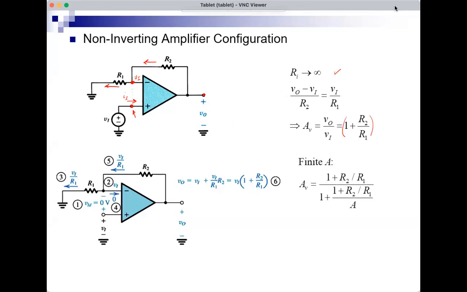If A is finite, what do we get? We get the same expression and the same error term. So 1 plus R2 over R1, this is the gain when A is infinite, divided by 1 plus the error term of the previous amplifier configuration, 1 plus R2 over R1 over A. And of course, as A goes to infinity, the gain for finite A would tend to 1 plus R2 over R1.